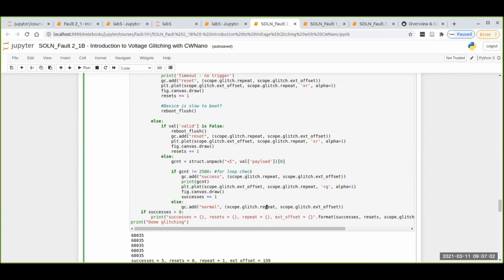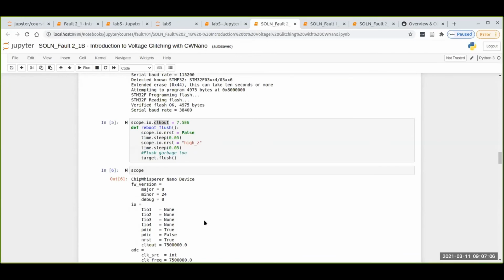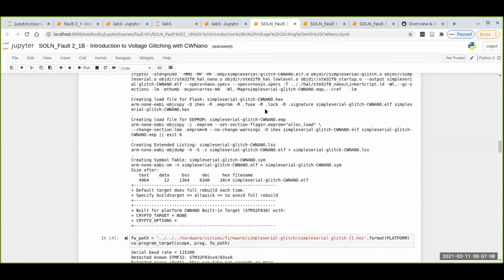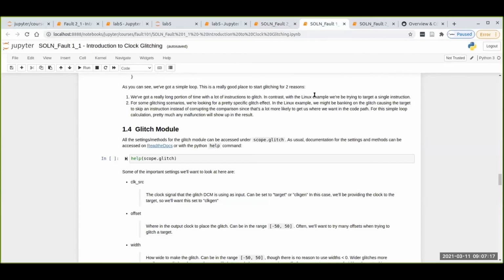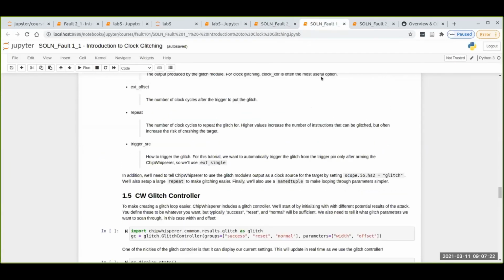For a lot of fun, there's an example in the previous lab. I think it was in number 1. By the way, if you want to see what should have happened in 1_1, you can look at the solution set there.